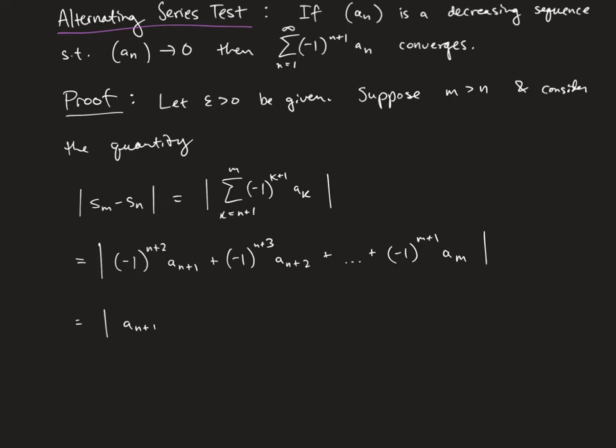What we have is (-1) to the power (n+3) minus (n+2), which is just -1, so this is negative a_(n+2). Then the next one would be (-1)^(n+4), which differs from this power by 2, which is just 1, so in the next one we get plus a_(n+3). We start with this one positive, and then it alternates negative, positive, negative, positive.